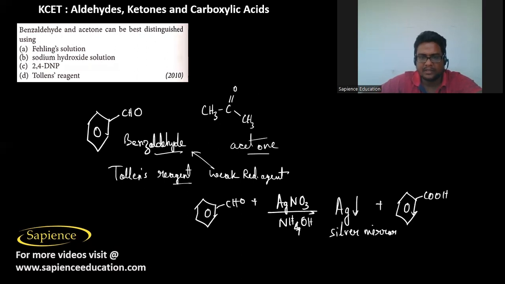From AgNO3 and NH4OH, we will obtain silver oxide, which will react with the benzaldehyde to form silver as the precipitate. So it will give silver mirror, and AgNO3 with NH4OH is called the Tollens reagent.